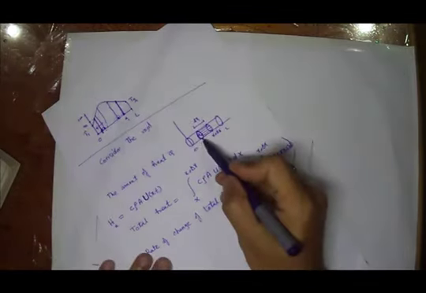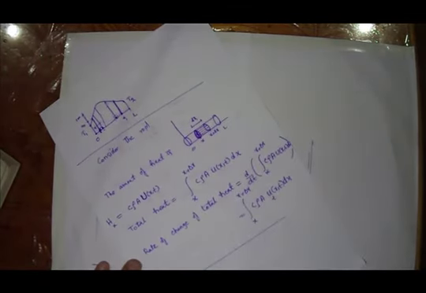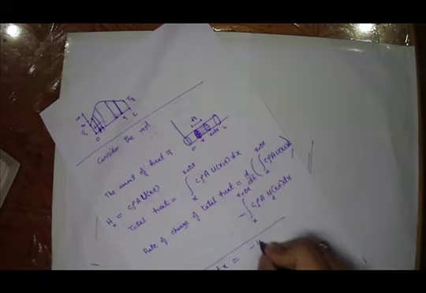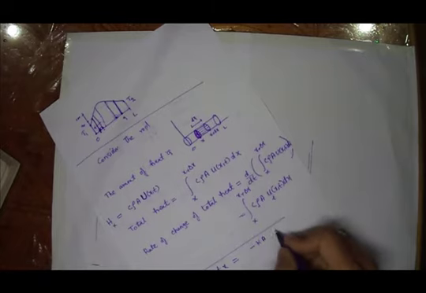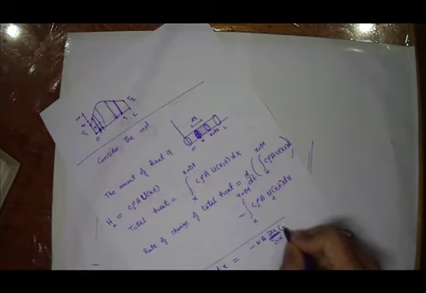Now what is the heat flux at this point? Heat flux at x is equivalent to minus k multiplied by a into partial u over partial x at point (x,t).